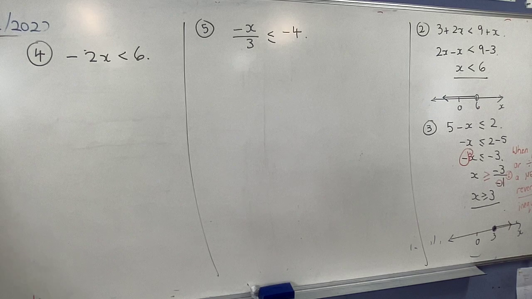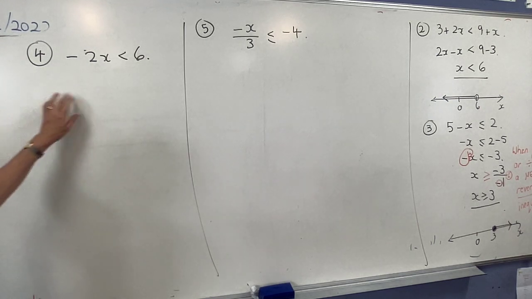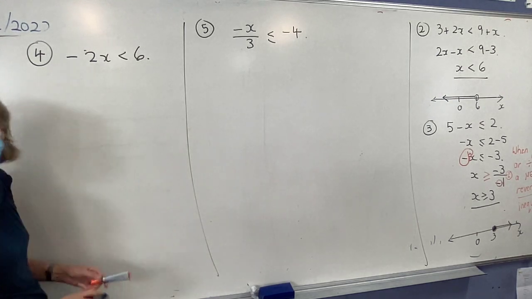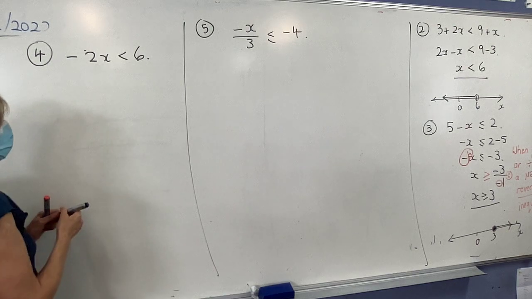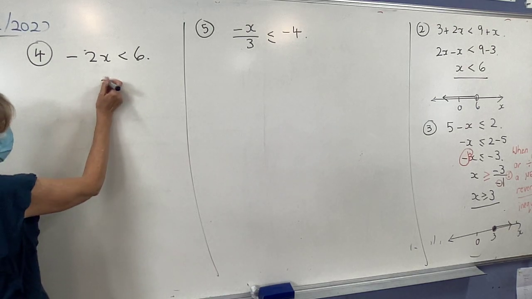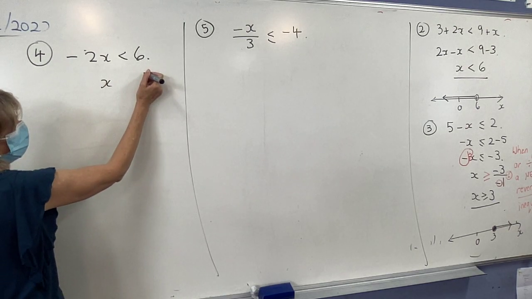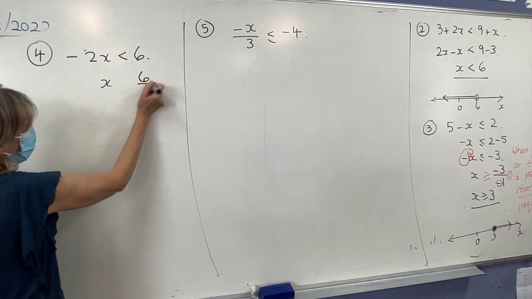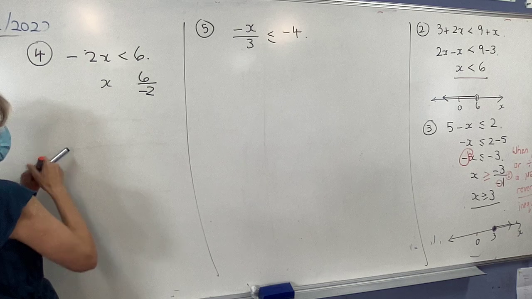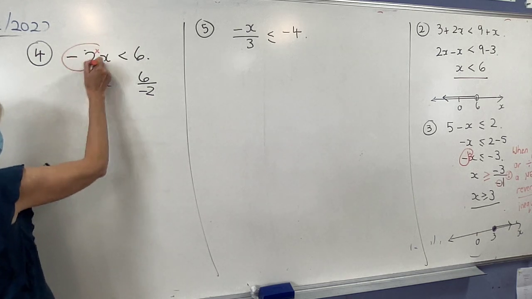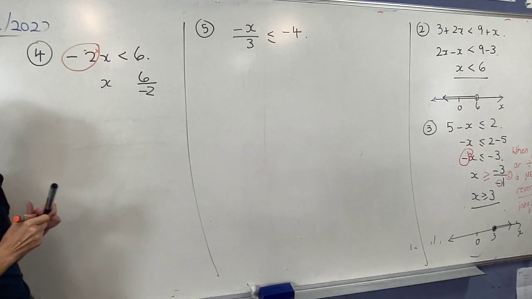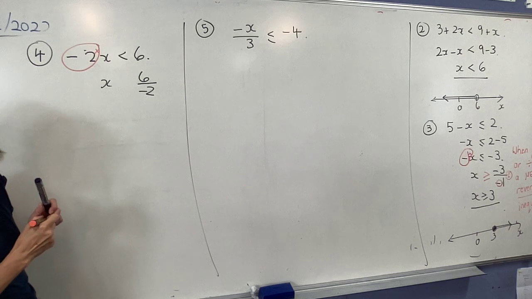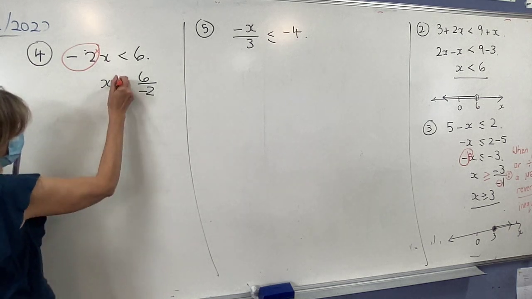Alright, Oliver, start me off here. Do you move over the -2? Yep, so it's x. And over here? And then it's 6 over -2. Yes, continue. Do you change it to x greater than? You do, explain why.